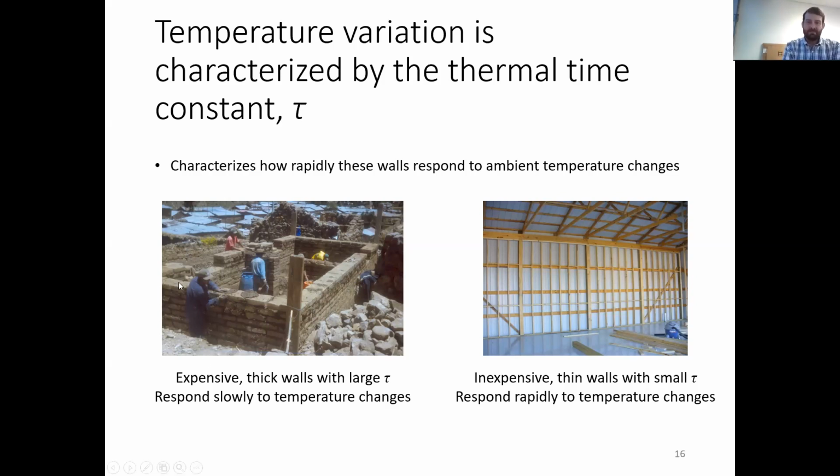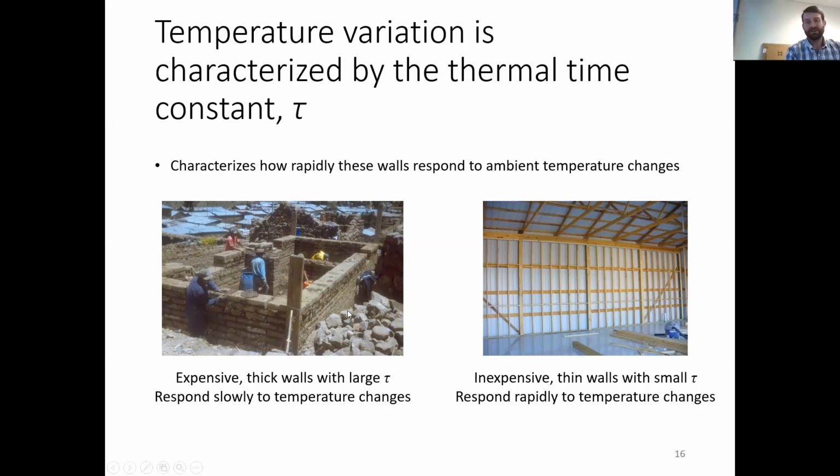And you can see that these folks are putting all this effort and work into building these really expensive, thick walls. The reason that we build these houses in the Southwest is because they have very large time constants. They're just so massive, right? There's so much mass there that when you impose a temperature change in the air, these walls respond very slowly.